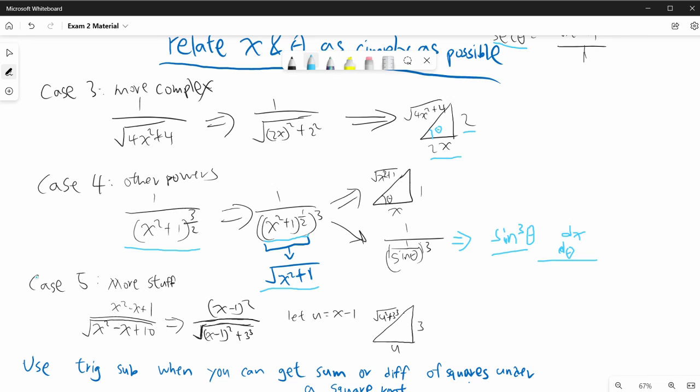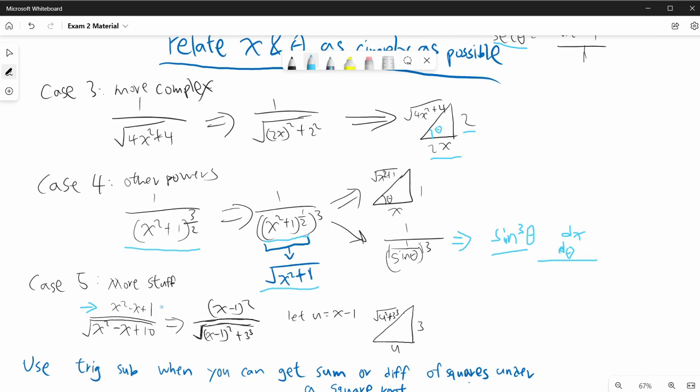And then the last case we'll probably encounter with trig sub is that you have something more complex in the numerator too. You might have something like x in the numerator.